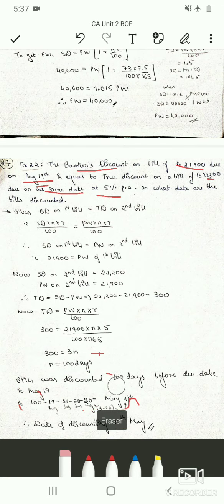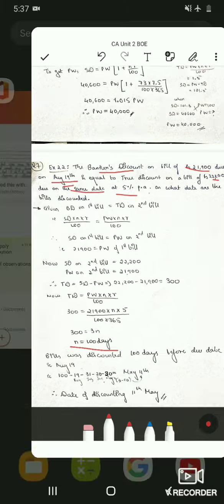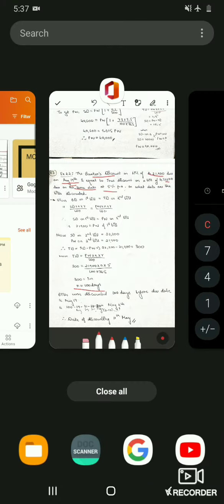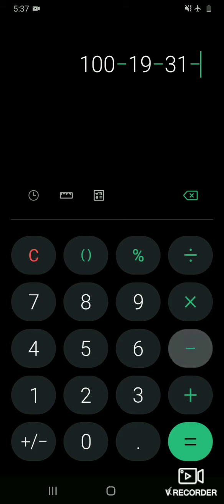So go in the reverse order. I'll explain once again. Once you get 100 days, then from the due date you have to calculate in the reverse order. So it is 100 minus 19 from August. Then next comes July. July has 31 days. Then June has 30 days.